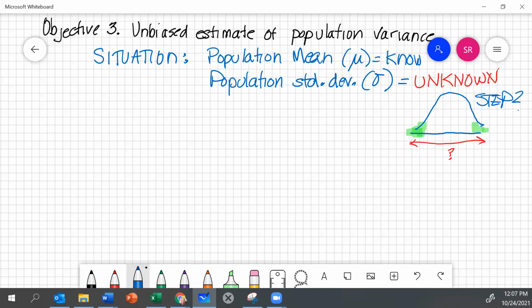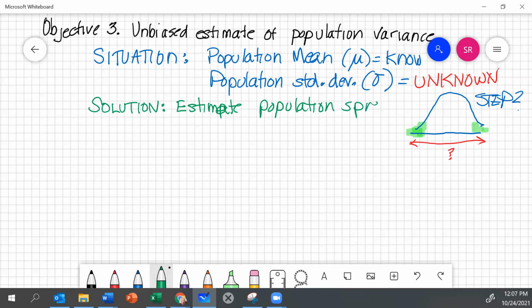So what is our solution to this problem? Our solution is going to be, we're going to estimate the population spread or standard deviation.